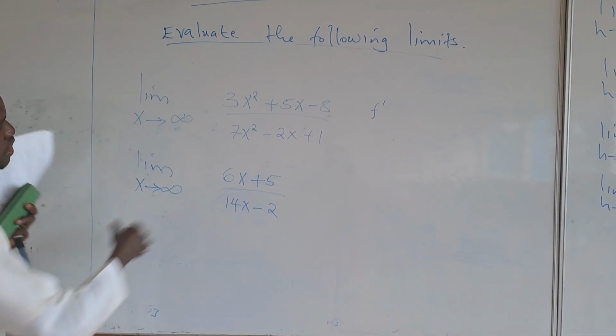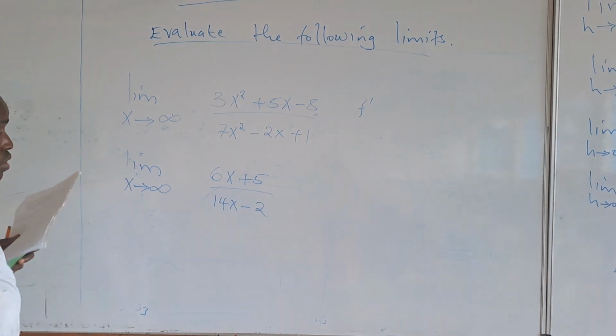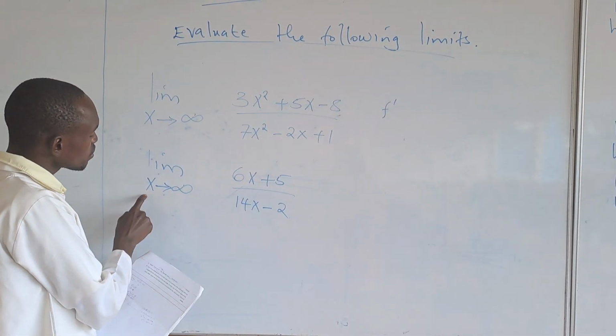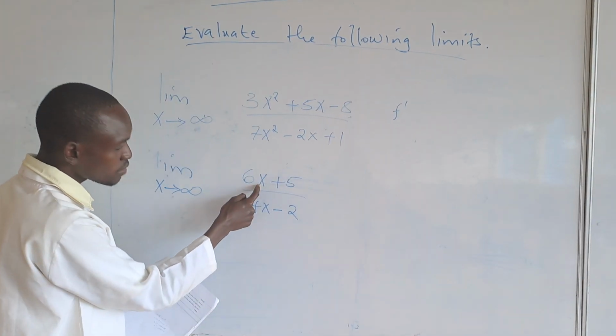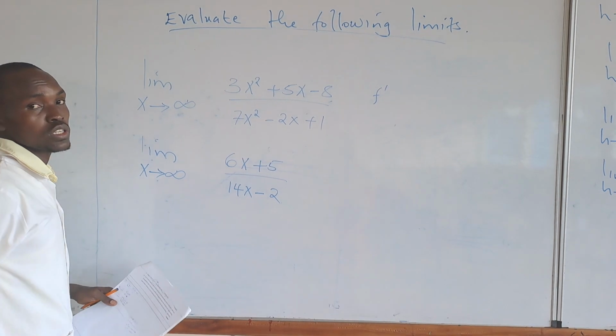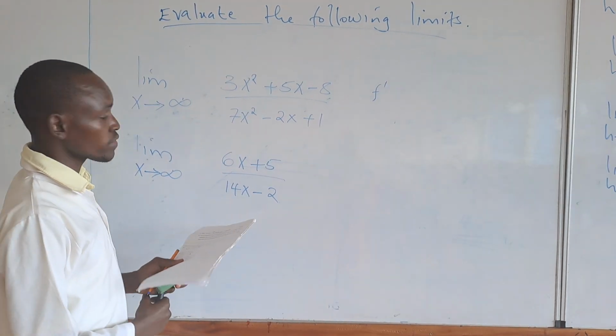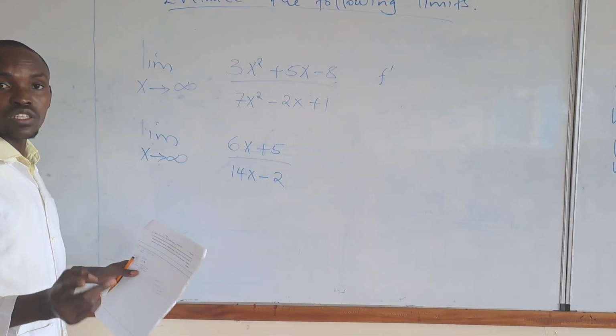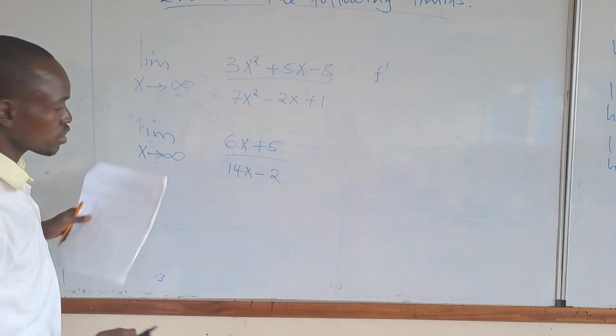Now, after differentiating, you will realize that we still have x in our equation. And if we reintroduce the infinity here, we will still have infinity over infinity, and that will not be defined. What do we do? We differentiate the equations for the second time, that is, we find the second derivative.